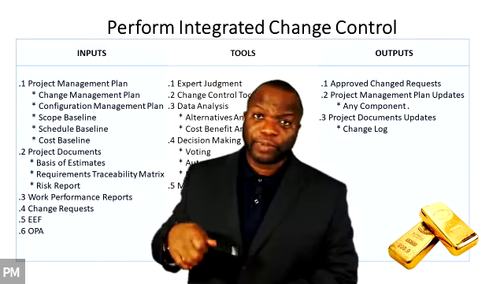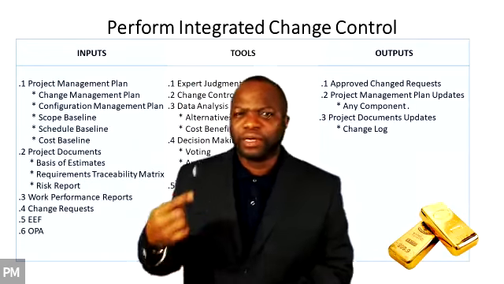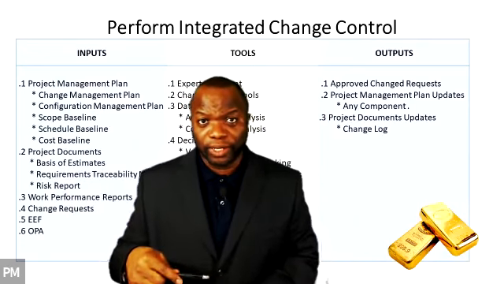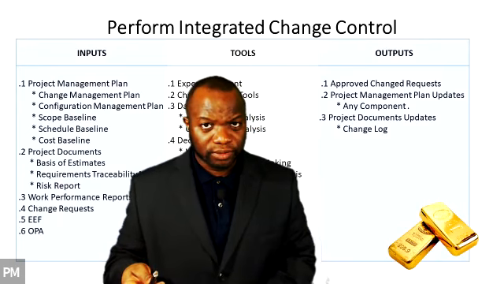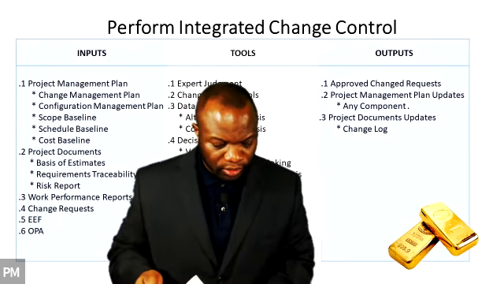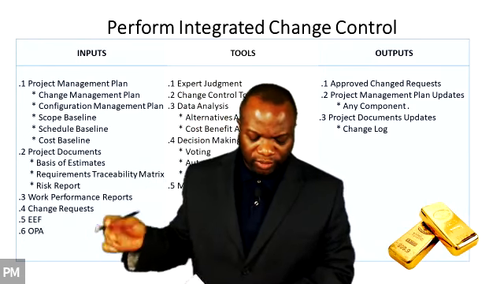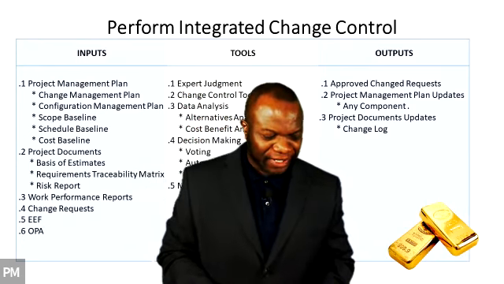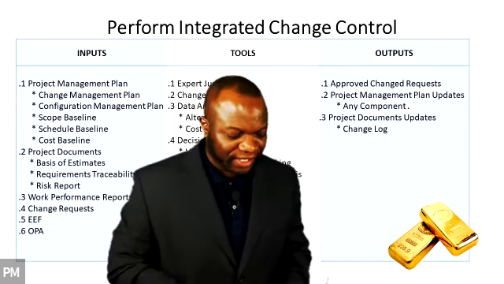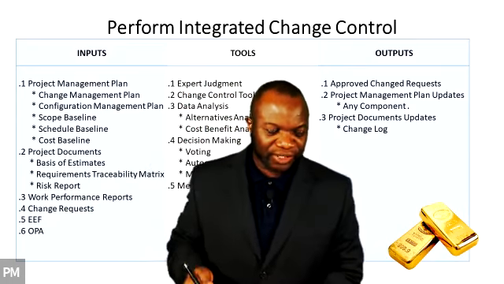So if your customer and sponsor are not part of the CCB, it makes sense to include them in these discussions. All right, good. Then we have our lousy sidekicks, EEFs and OPAs. We've talked about those sufficiently. Make sure you read those in detail as you comb through the PMBOK Guide yourself.